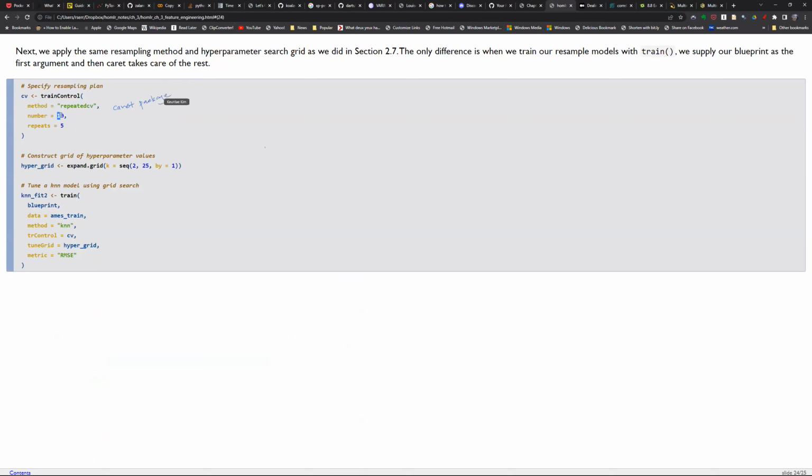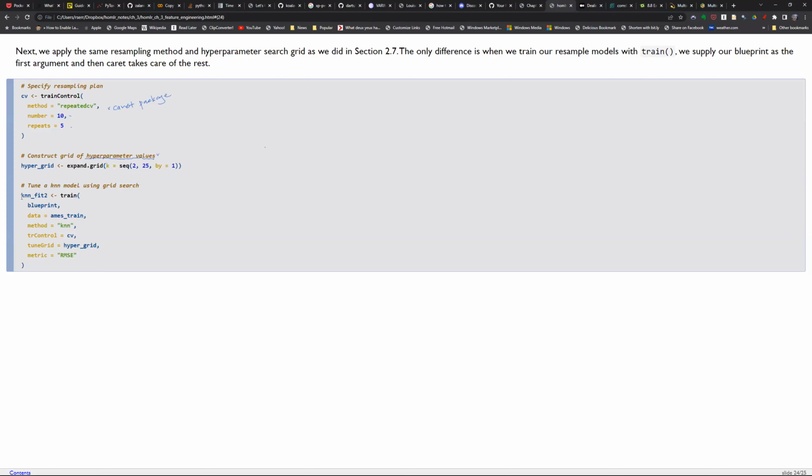The number of folds is going to be 10, and we're going to be doing a repetition, to get more data. We're going to construct a hyperparameter, because we're using KNN, K nearest neighbors. The only parameter that you can tune is K, the number of neighbors.